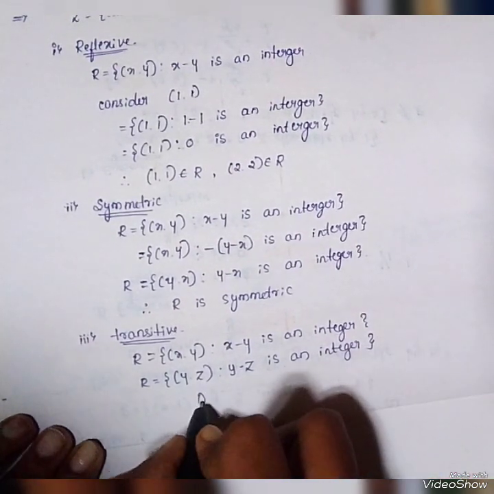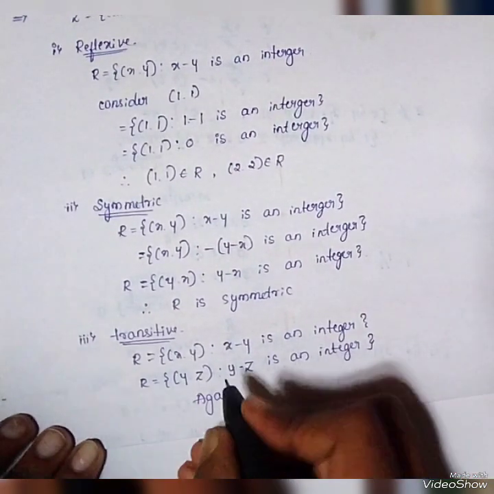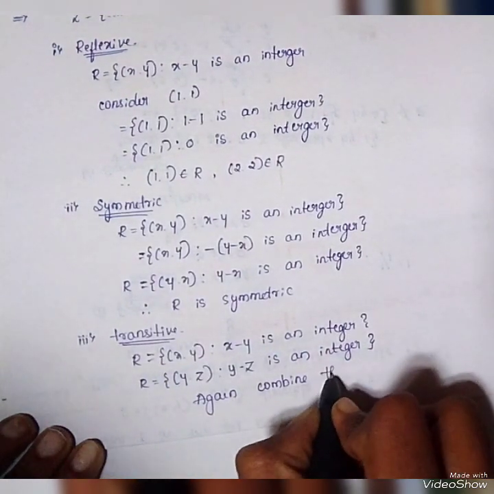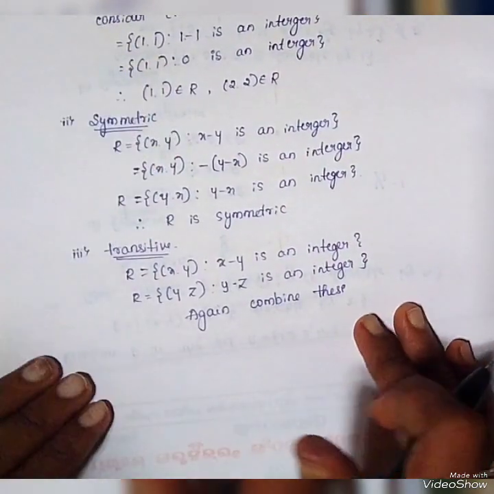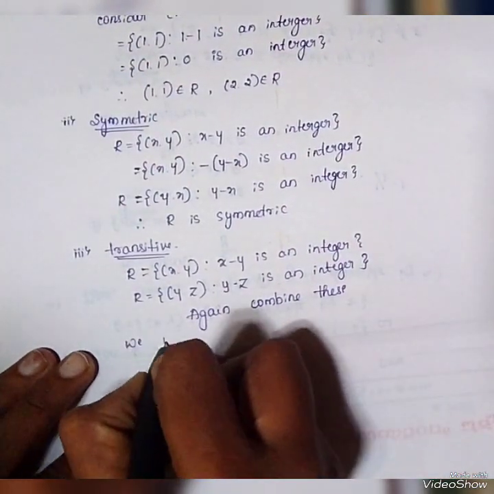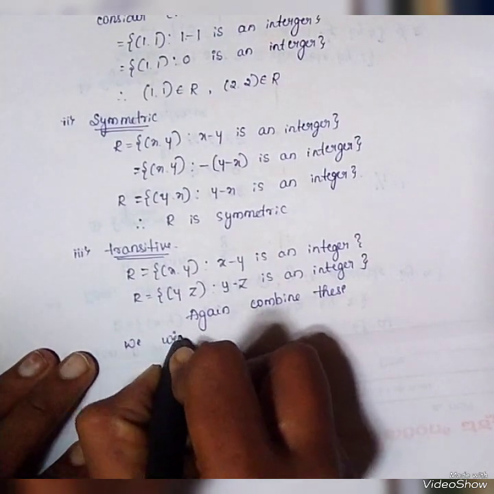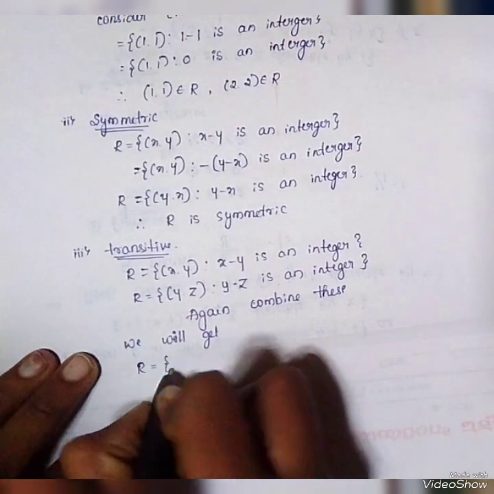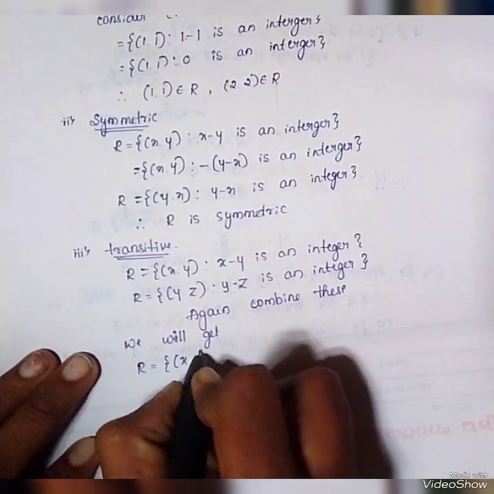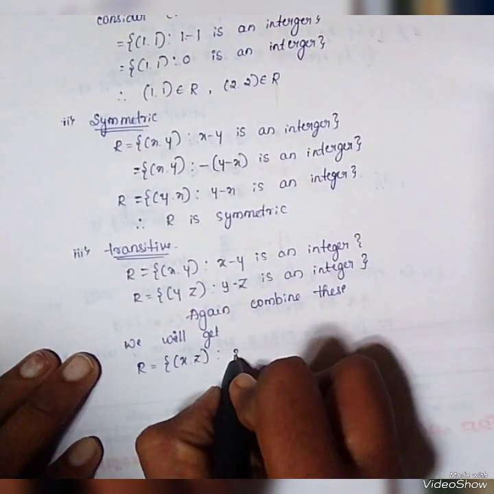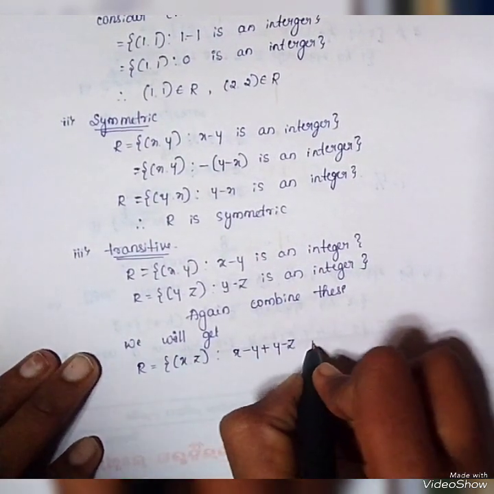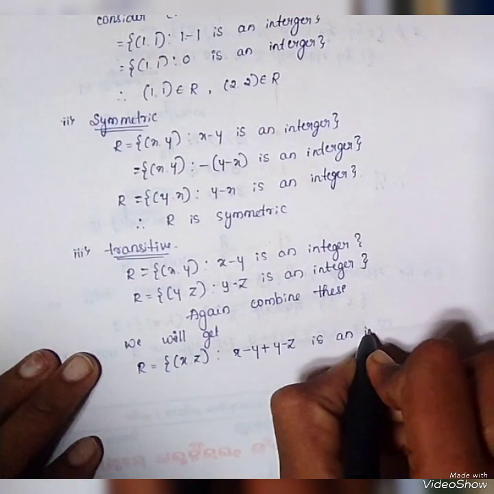Combining these, we get x comma z, that is x minus y plus y minus z is also an integer.